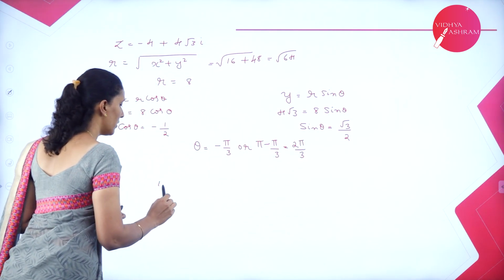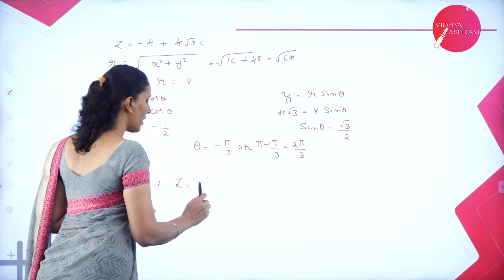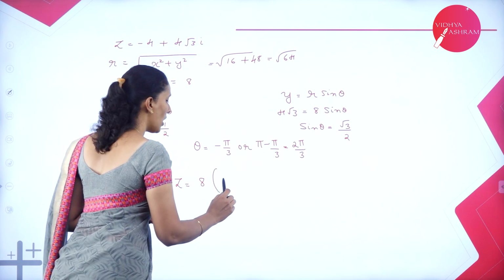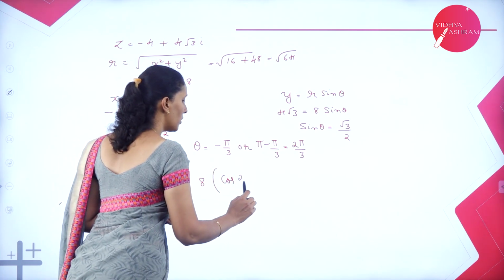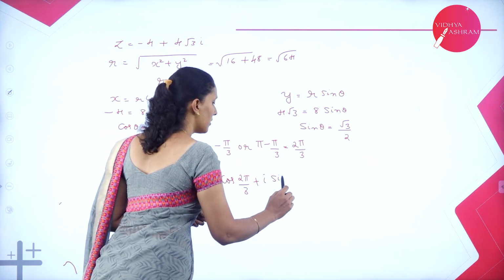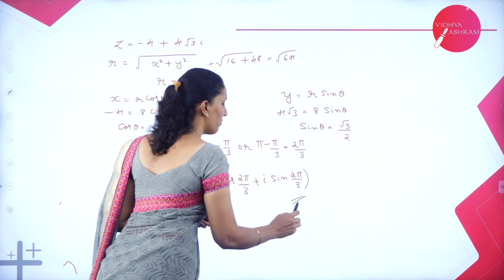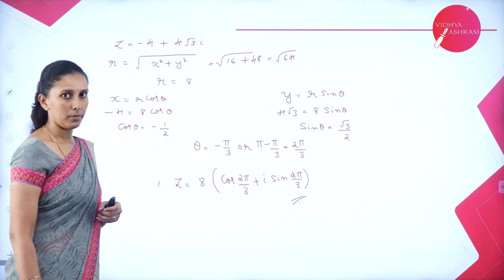So therefore, for the polar form, we know that z is equal to r, which is 8, cos theta, that is cos 2 pi by 3 plus i sin 2 pi by 3. So this is the polar form of the given complex number.